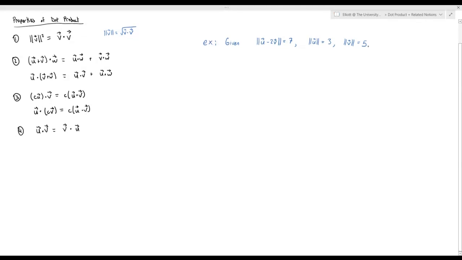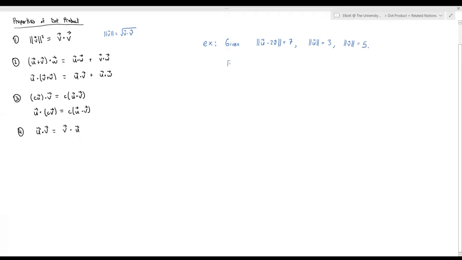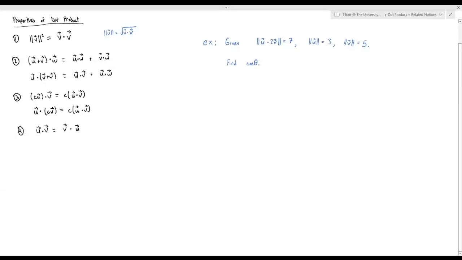We're not given the vectors u and v themselves, just this information about the two vectors. And the question asks us to find the cosine of the angle between the two vectors.